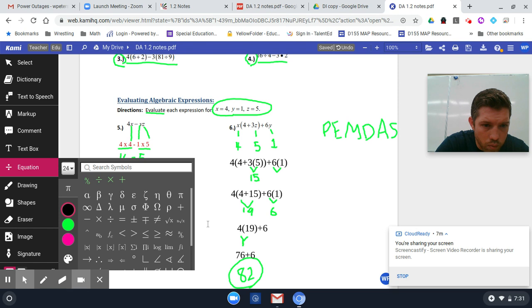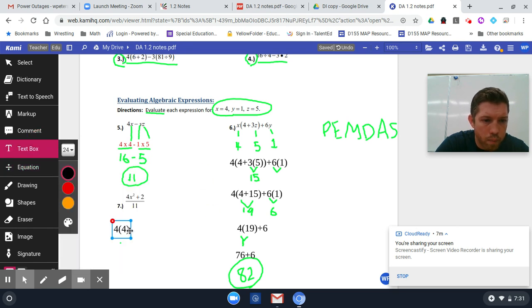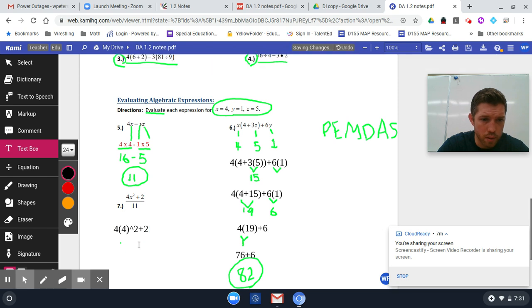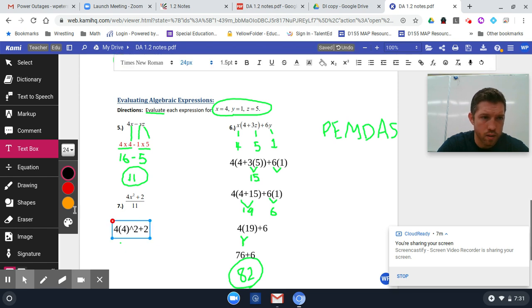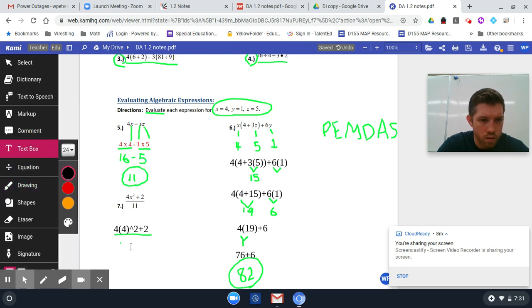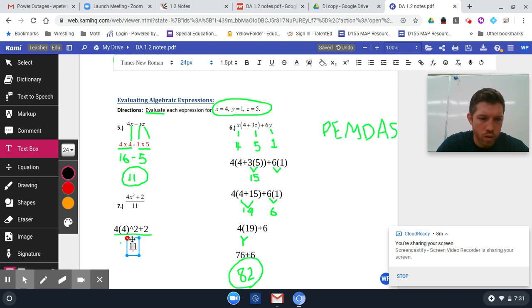It's probably on here somewhere, but I don't want to waste a bunch of time looking around for it. Basically, we have to represent it, so we're going to do the caret, which is control 6 and 2. That means this is being multiplied by itself twice, and then plus 2. And that's all going to be divided by 11.